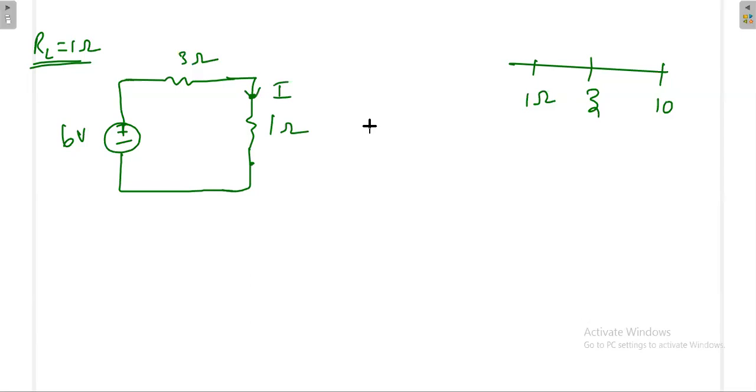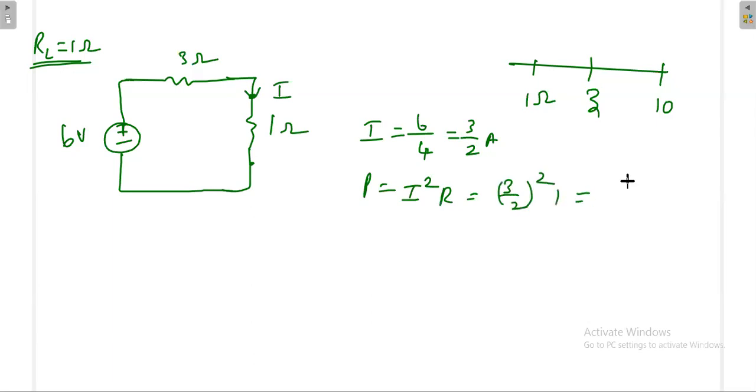The current is 6 divided by 4, so 3 by 2 ampere. Power is I square R, so 3 by 2 square into 1, that is 9 by 4, which is less than 3 watt. So yes, it is less than 3 watt only.